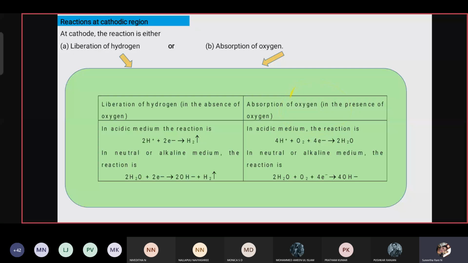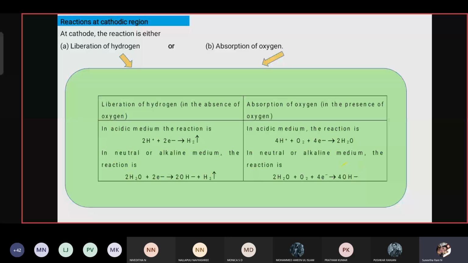Say H plus ions are present, dissolved oxygen is present in the medium, and electrons are present. When all these react together, it liberates water. The electrons and dissolved oxygen react with two molecules or excess of water to give excess of OH minus ions.